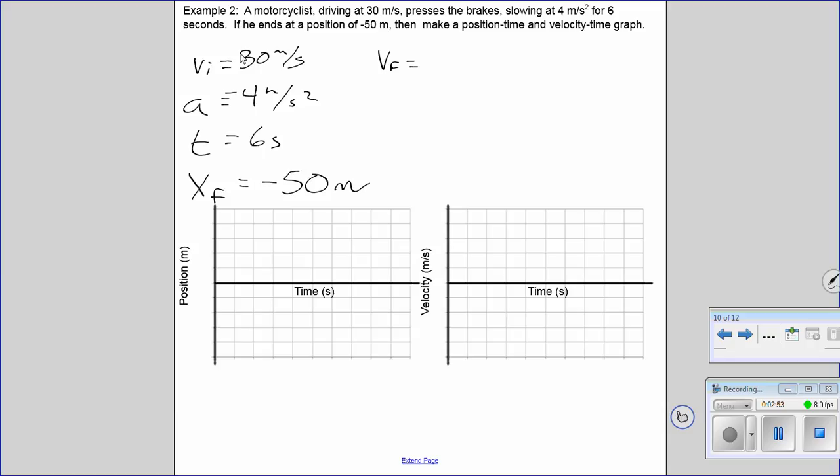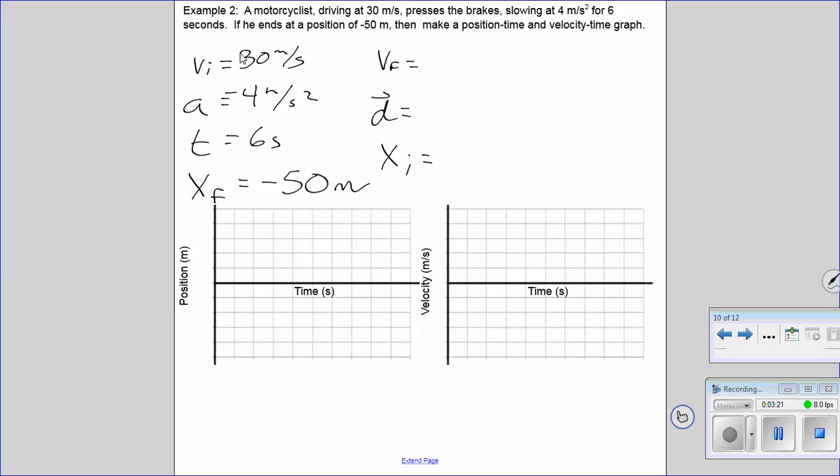I got to know what my displacement is, and I got to know what my initial position is. Those are the 3 values that I don't know. Everybody okay with that? All right, as a quick note, well, I'm getting ahead of myself. Okay, so everybody good?